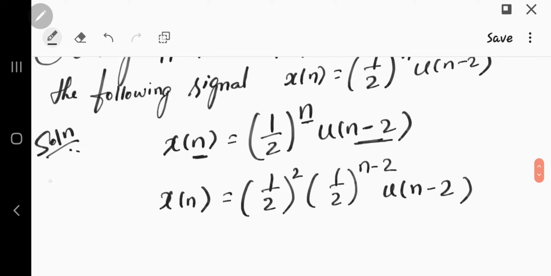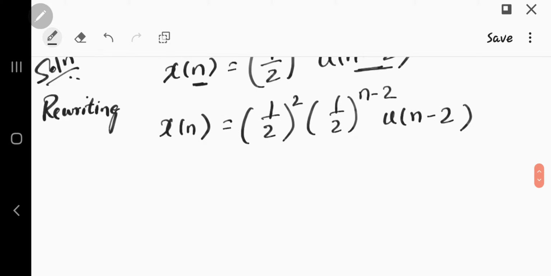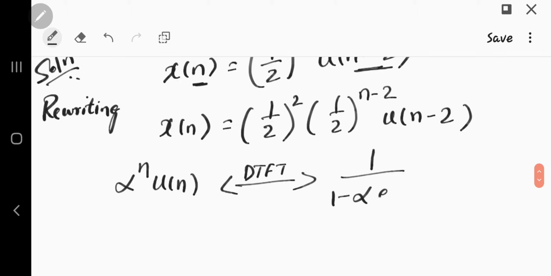Okay, or in rewriting, you can mention something like this can also be written like that. You can use some words. Now if you observe here, in the very beginning, that is the very first problem, we solved alpha^n times u of n; performing DTFT will end up with 1 by 1 minus alpha e to the power of minus j omega.